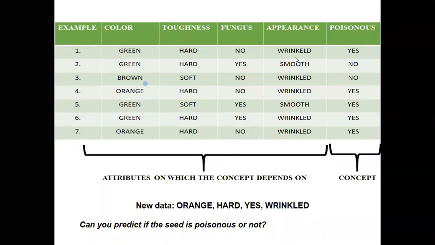There are four attributes in each example, and based on these four attributes, we'll classify that particular herb either poisonous or not poisonous. So this is a data set of a herb which has got four features. Based on these four features, we are going to classify it as either poisonous or not poisonous.